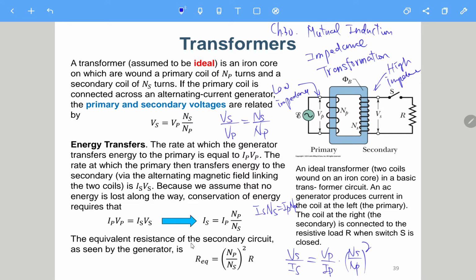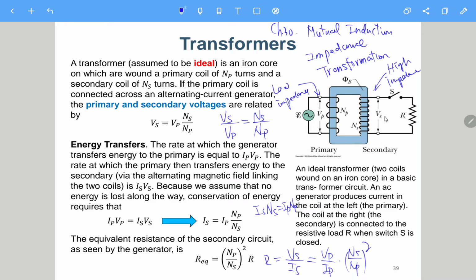And this is the so-called R equivalent for the secondary. For the primary, the equivalent resistance we can see is actually Np over Ns squared times this R, because for the secondary coil, Vs over Is should be R, because this voltage and current are in series with this R. This is the loading, maybe an electrical device or whatever.